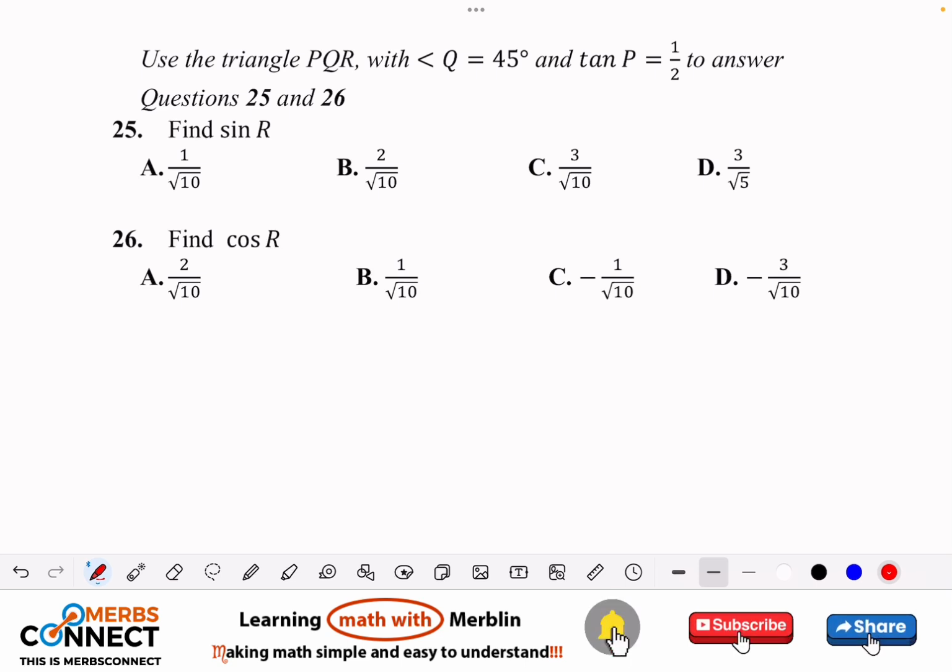Yes. So let me look at the triangle, right? So let's go through the shortcut. With a triangle like this, let's assume that this is P, this is Q, and this is R. We know that when I sum up the angles, I need to get 180.